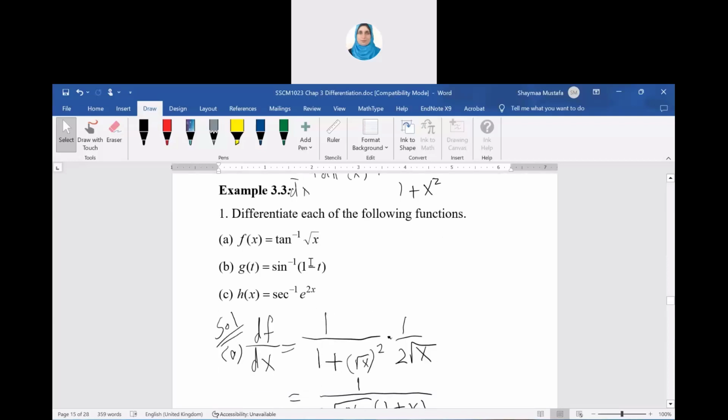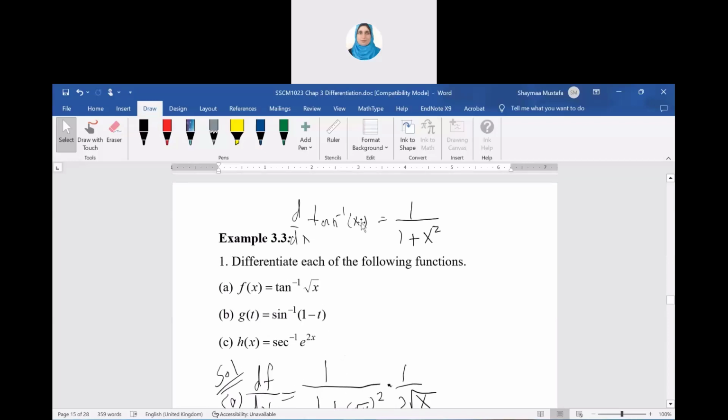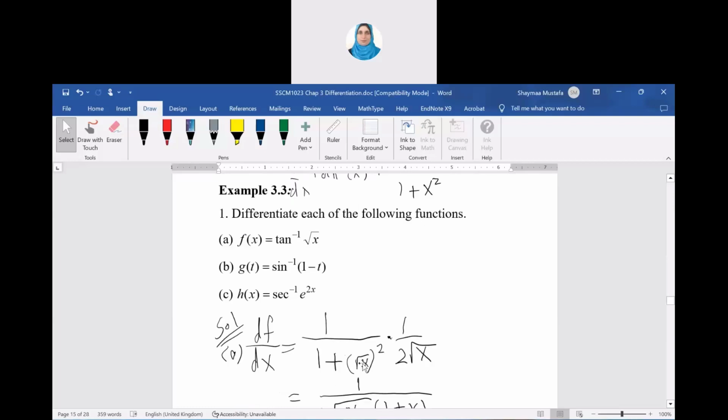So 1 over 1 plus, here I don't have x, I have square root of x, so square root of x squared. In tan inverse x, you have x squared. In tan inverse square root of x, you need to replace x by square root of x, squared. Now you need to multiply by the derivative for the square root. And again, the derivative for square root of x as a power function.